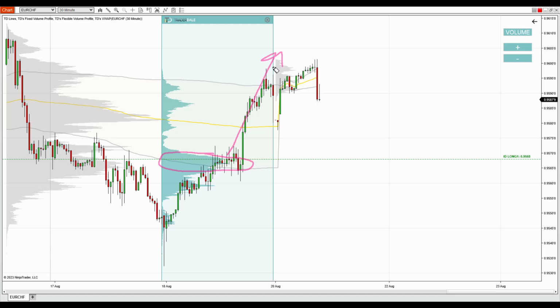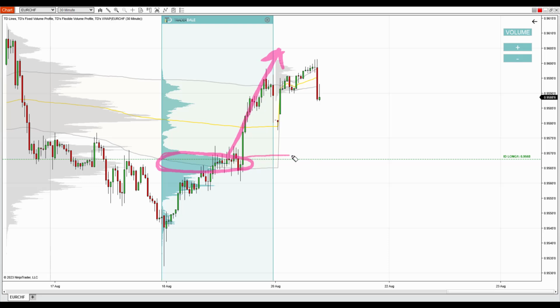This is something very similar to what I was showing you before, only in this case this is a long trade scenario. So we have a rotation where heavy volumes were accumulated, followed by strong buying activity, and this is telling us that buyers were accumulating long positions in here, and afterwards they pushed the price upwards.